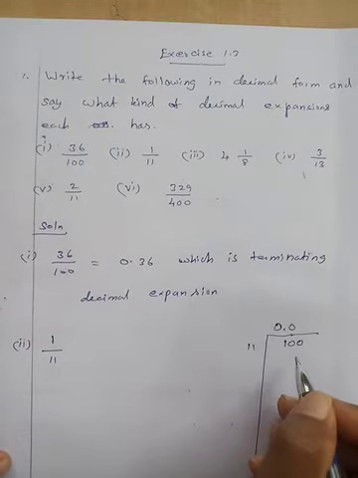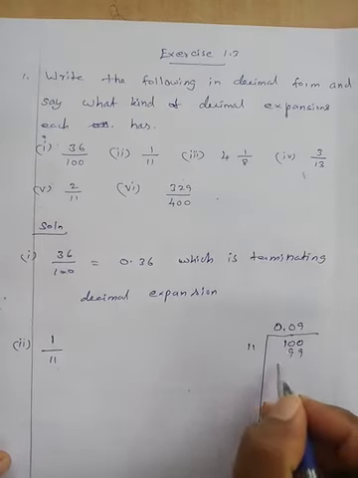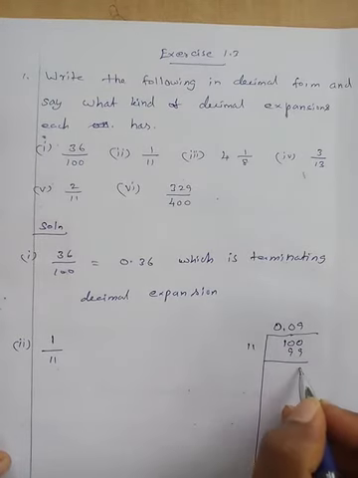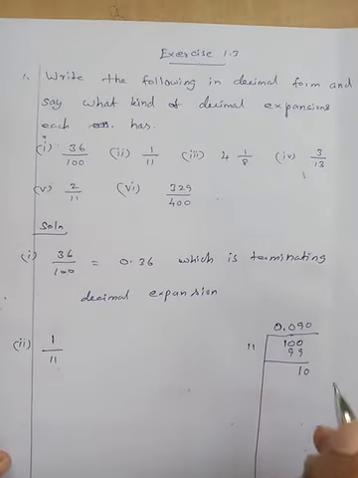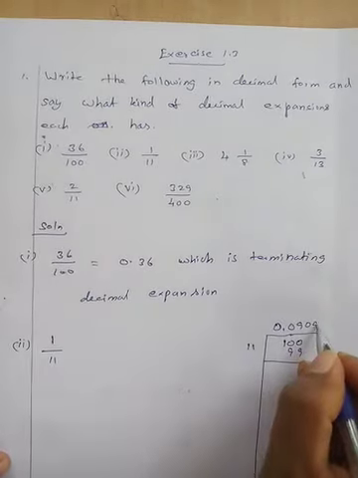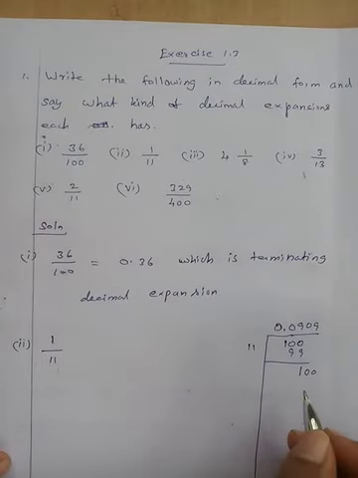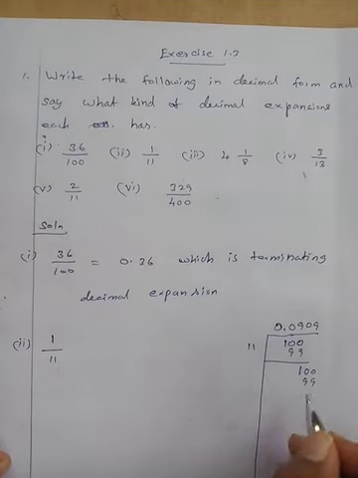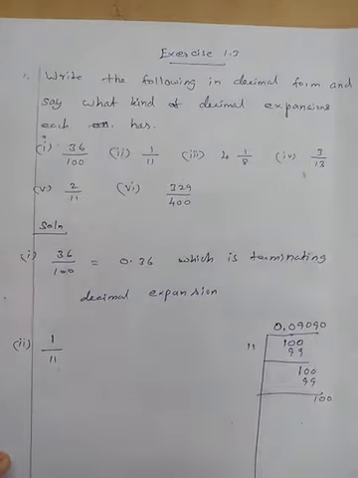Now 9 times is possible, 99. Remainder 1. Put 10, here 10, 9 times, 99. Again remainder 1.